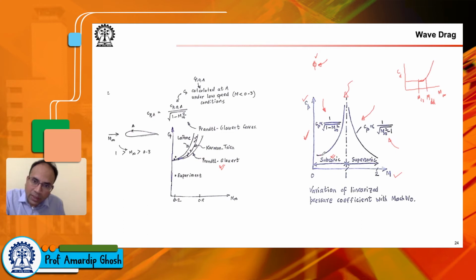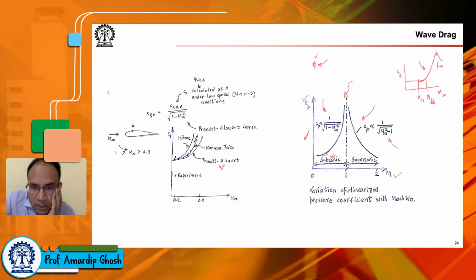This curve has some analogy with the CD curve. So this is at Mach 1, and then it falls. So this is supersonic. So you see that there is some analogy in the trends of this Cp and the CD curve, partly because Cp influences the CD in a similar fashion.